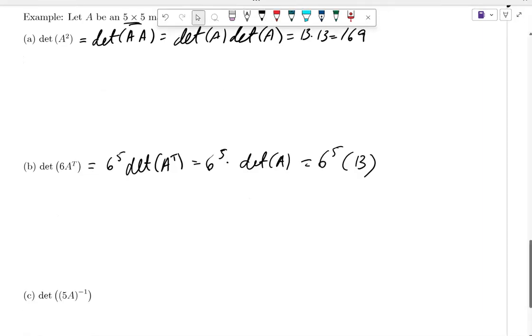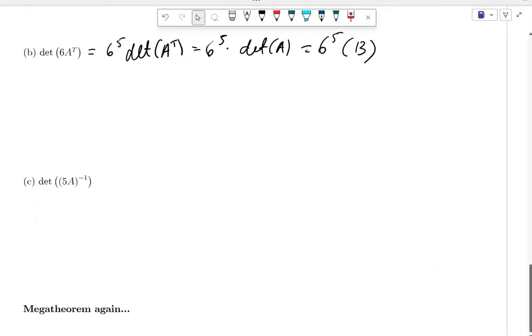All right. The next one uses the same concepts, but just reminds us of a different property of inverse. Notice I've got my 5 inside the inverse, right? So if you want the inverse of 5A, what do you do with the 5 with respect to the inverse?